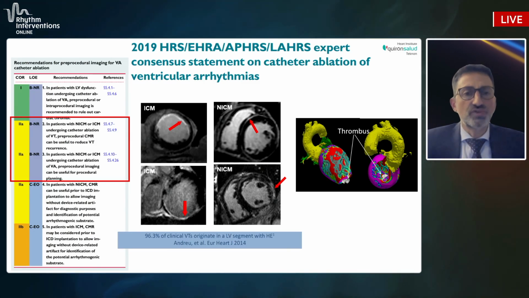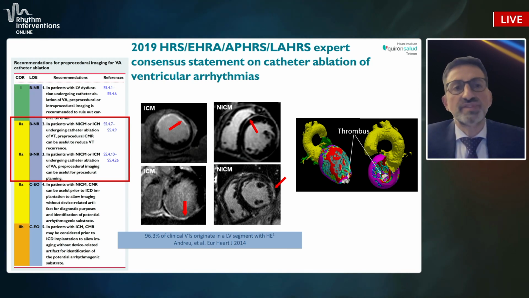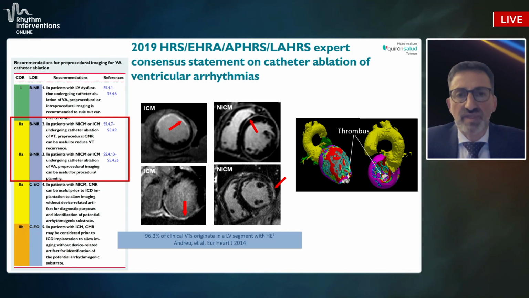So to start, only to remind you that in the 2019 expert consensus statement on catheter ablation of ventricular arrhythmias, it was considered a class 2A recommendation to perform a CT scan and an MRI, not only for planning of the access to try to ablate a given ventricular tachycardia or substrate VT ablation, but also to try to improve outcomes after ablation.